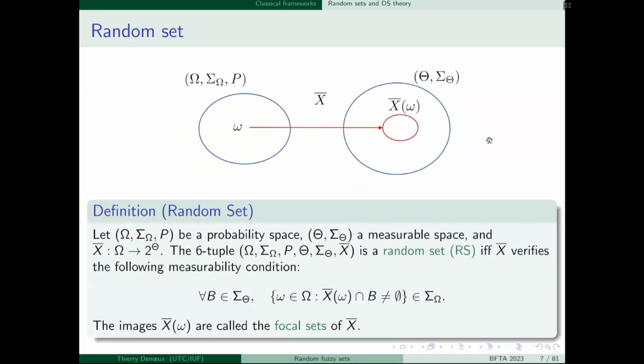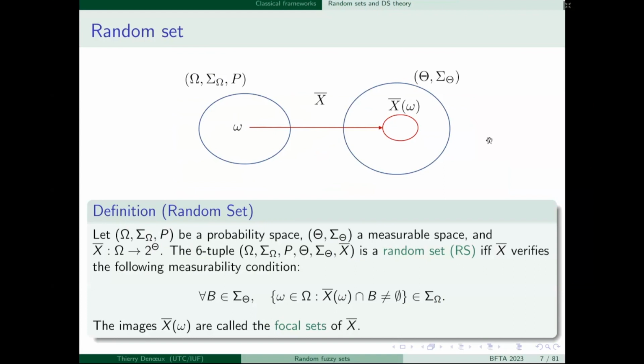So sigma sub omega is a sigma algebra that allows us to define a probability measure. And we have here this set, which is a measurable space. It means it is a set theta, and it also has a set of events defined. If theta is finite, the set of events is just the power set, but for an infinite set, we may need some subset of the power set.